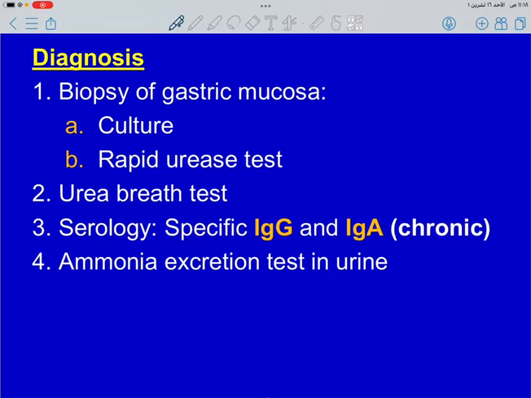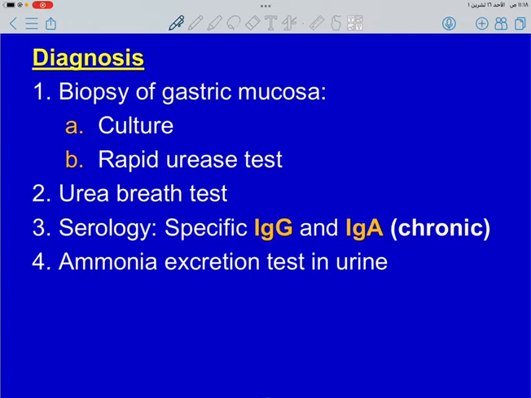Also, we can detect antibody. When you detect antibody or antigen, we call it serology. We can detect the antigen using the antibody, and we can detect the antibody using the antigen. Vice versa. This is called serology.